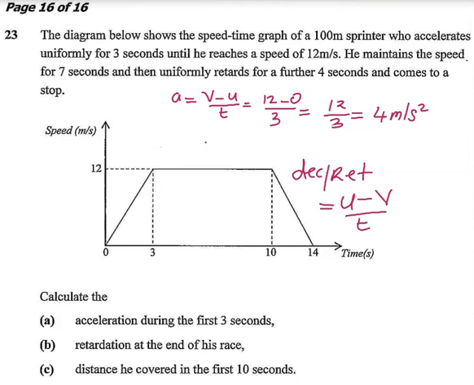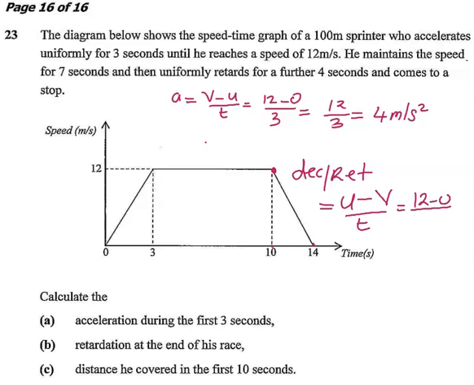So in this case, retardation started from this point. So the initial here is 12, and the end point is this one, which is 0, over the time that was taken from this point to this point.